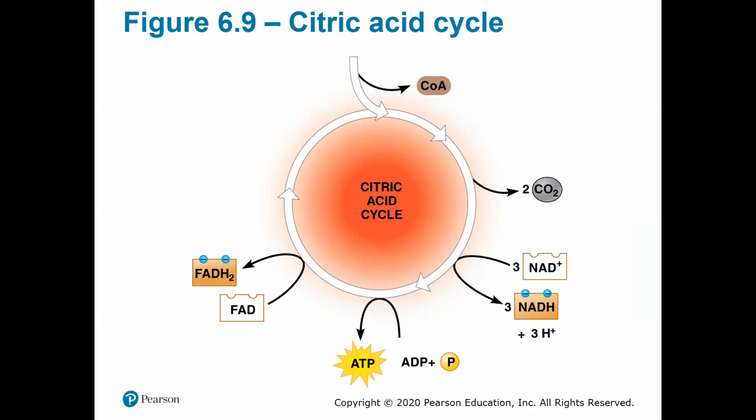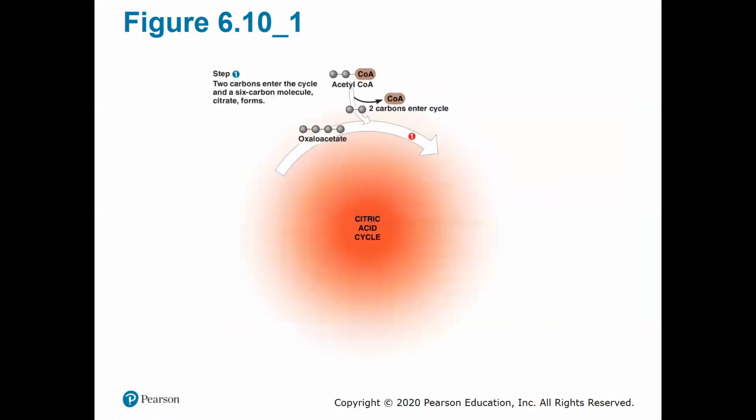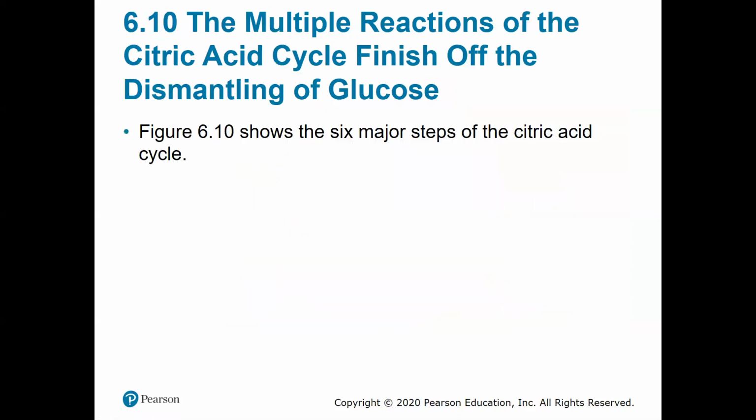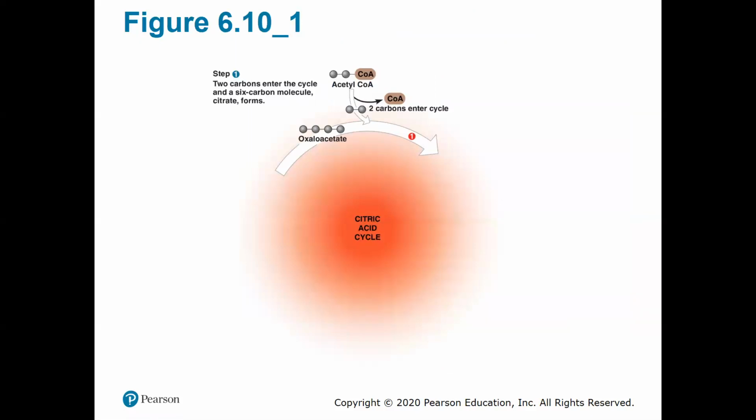So here's the citric acid cycle. So this is just an overview of the cycle. I'm going to go through each step of the cycle in more detail. There are 6 major steps of the citric acid cycle.